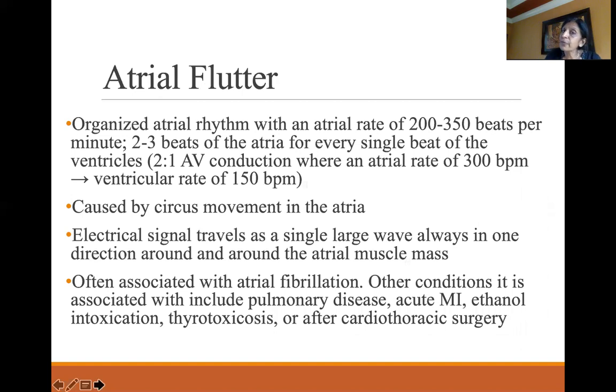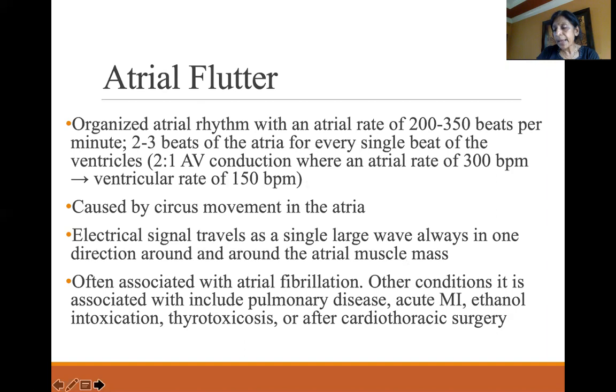Now, atrial flutter is where the atria generate more waves than normal. There is a group of muscle fibers that are generating more and more waves.